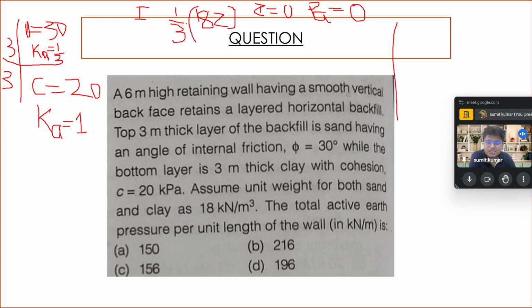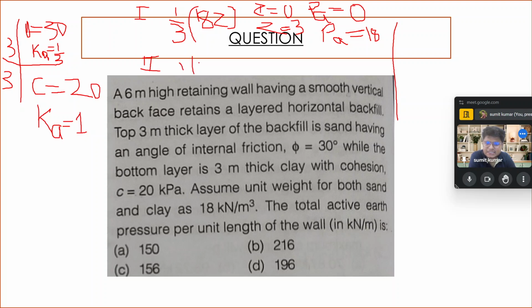Now for the second layer, when z equal to 3, for the first layer only, 1 by 3 into 18, 6z, 6 into 3 is 18. So PA is going to be 18, right?